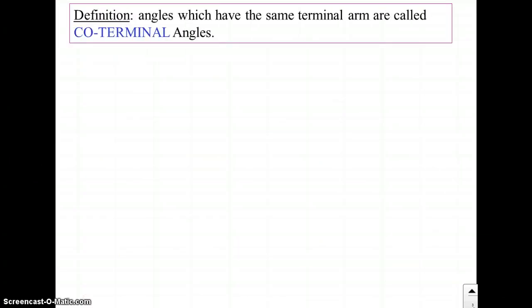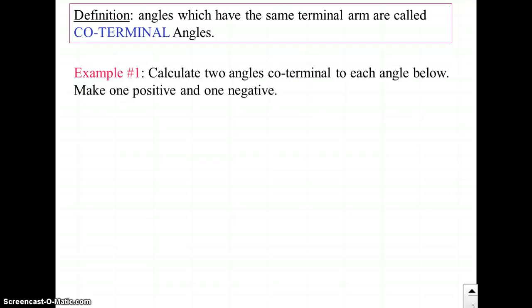All right, our next definition. Angles which have the same terminal arm are called coterminal angles. So example 1: calculate two angles which are coterminal to each angle below. Make one of these angles positive and one of these angles negative. Now you won't have room to draw this in your notes, but I'm going to draw it here as a start and then we'll erase it.